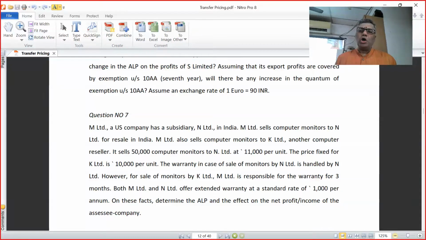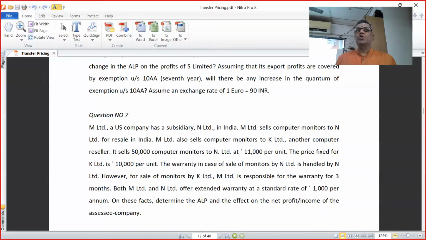Where it is not at arm's length price, the AO shall make such adjustment to increase the income of the assessee. Where the AO increases the income, the assessee cannot claim any expenditure, deduction, or exemption against such increased income.